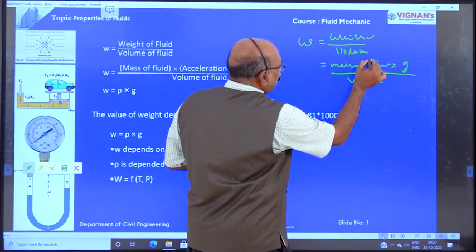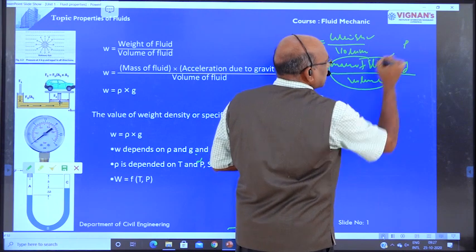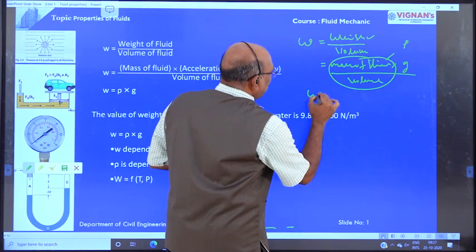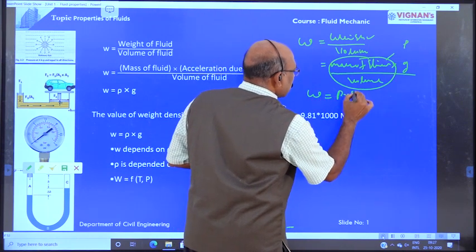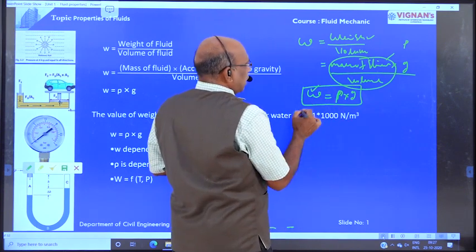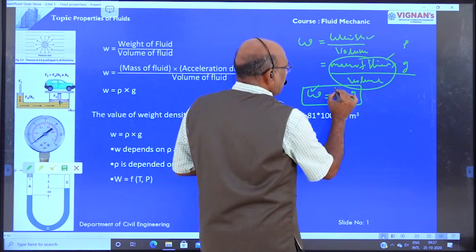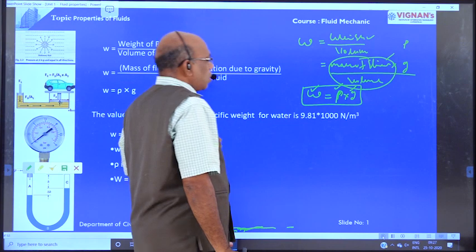So mass of fluid divided by volume is also nothing but what? That is mass density. Therefore, unit weight equal to mass density into acceleration due to gravity. Unit weight or specific weight or weight density equal to mass density into acceleration due to gravity.